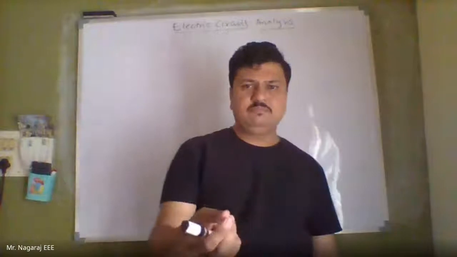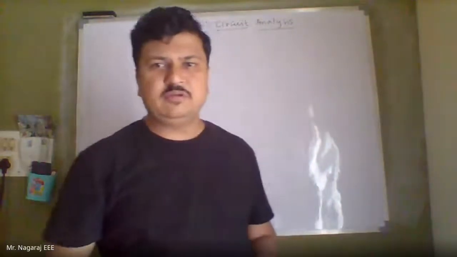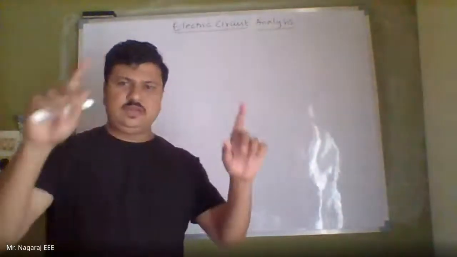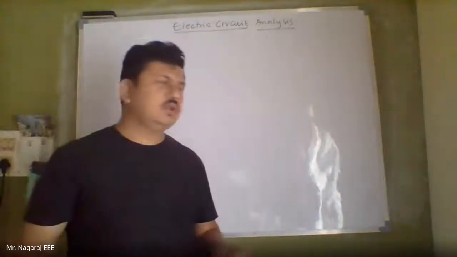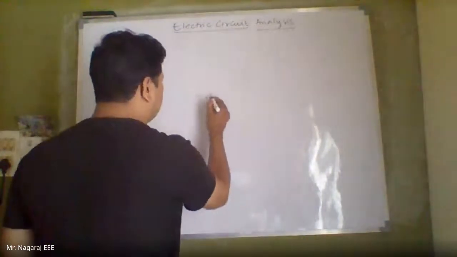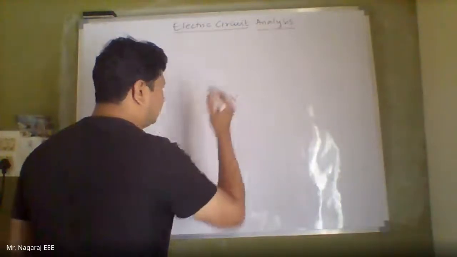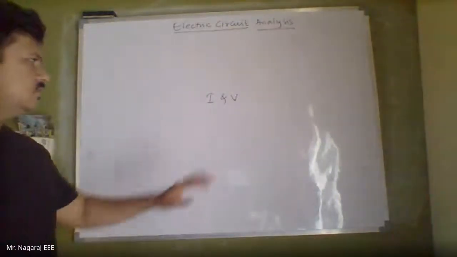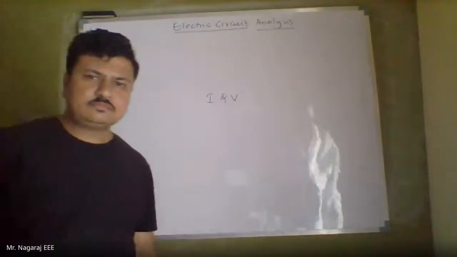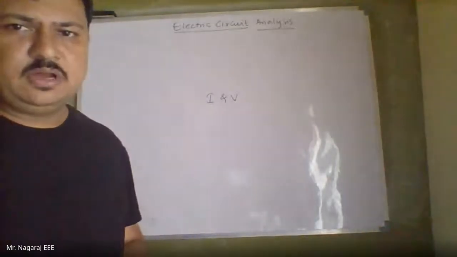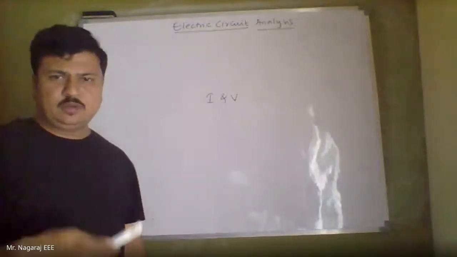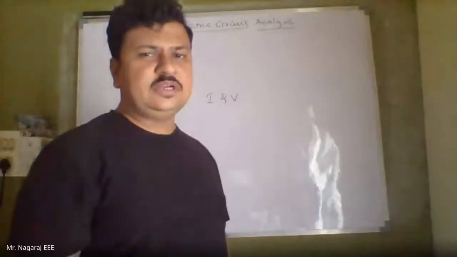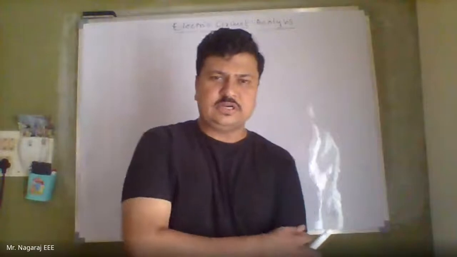It is a very primitive statement, but in a larger view, ultimately I want to know the characteristic relating current and voltage. That is my requirement. I want to characterize the circuit in terms of voltage and current. Automatically we'll get to know about power, energy and everything once I know the voltage and the current.